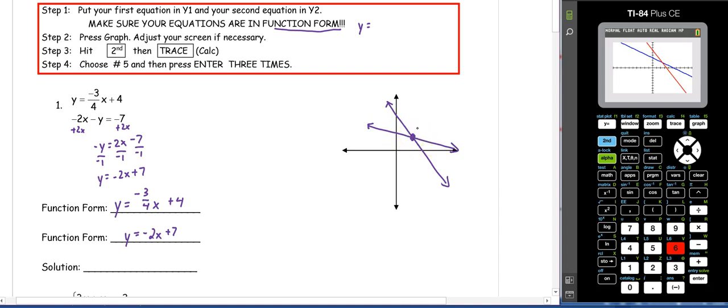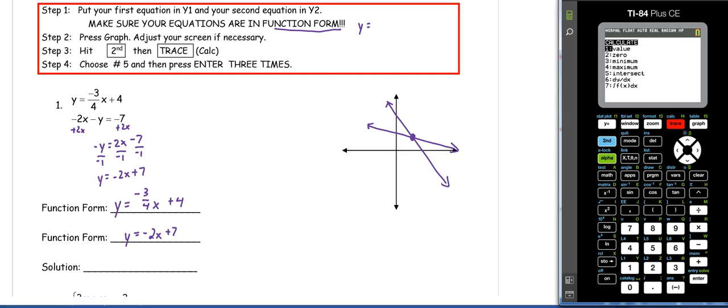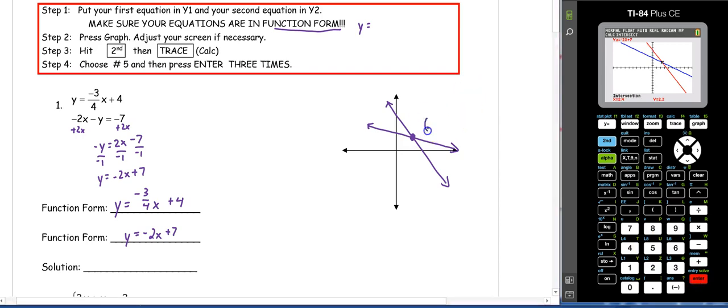Now I need to find what that intersection point is. So I'm going to do second trace, which is our calc option. We're going to hit option 5 for the intersect and hit enter 1, 2, 3 times. And we get our intersection is 2.4 comma 2.2. So our solution would be 2.4 comma 2.2.